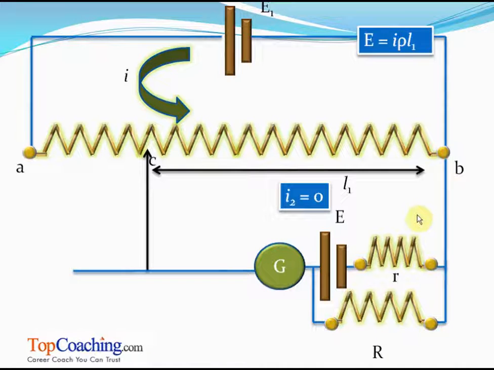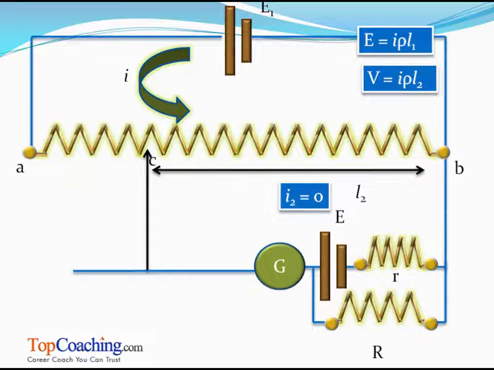Now we again find out the point L2, for which the current through the second loop is 0. As you can see, this length is L2 now. The distance between C and B is L2, for which the current I2 through the second loop is 0. In this case, we can now say that V is I into rho into L2, isn't it?